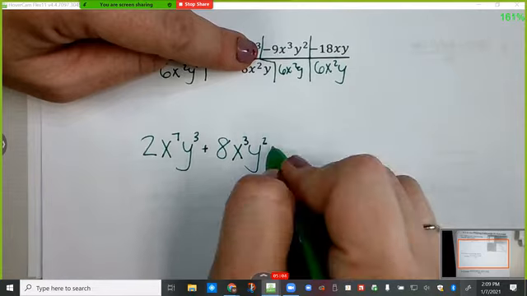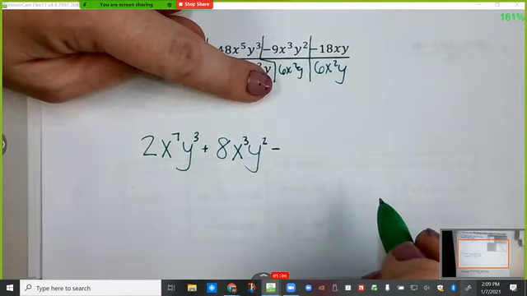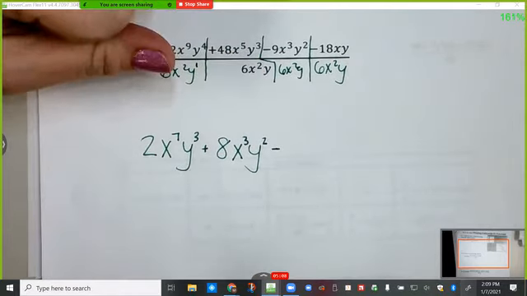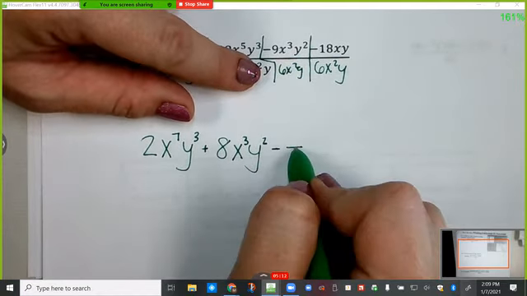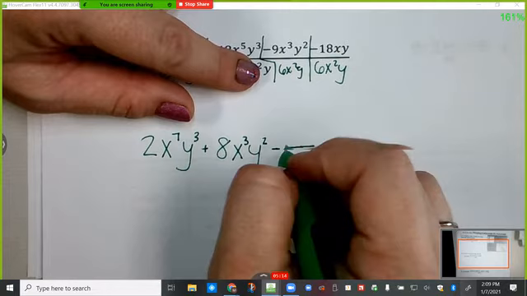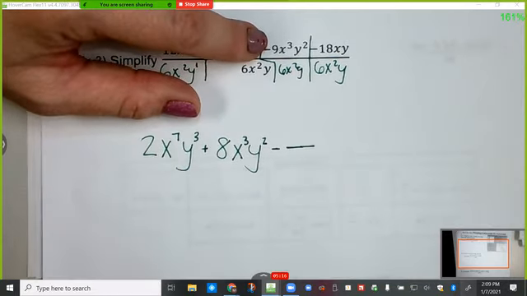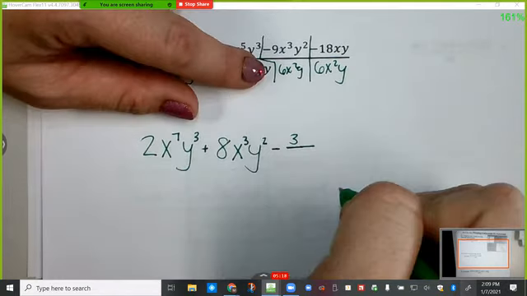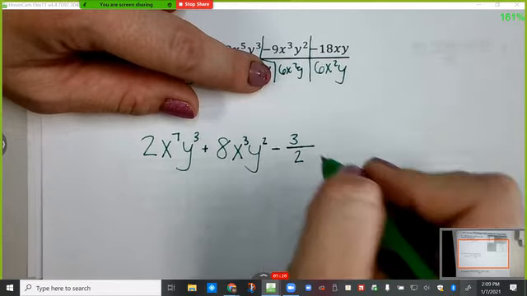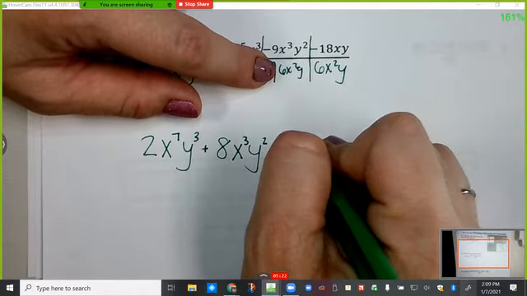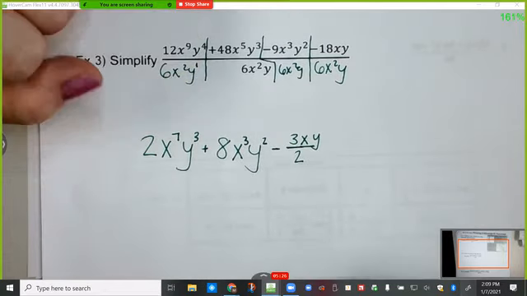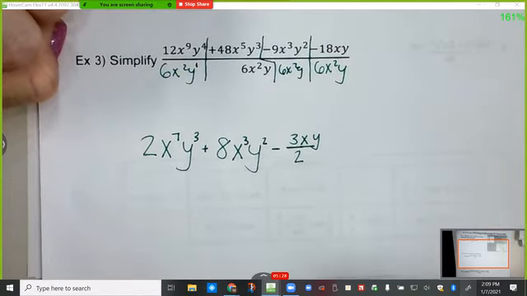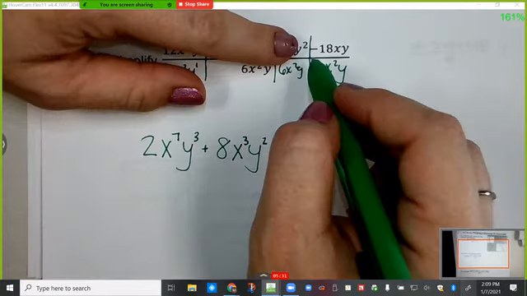Well, that means minus. Now, 9 over 6, does that simplify to give me a pretty number? No, so we're going to leave it as a fraction. What goes into 9 and 6? 3. How many times does 3 go into 9? 6. Okay, and now x cubed over x squared gives me x. Y squared over y gives me y. Everybody okay with that?